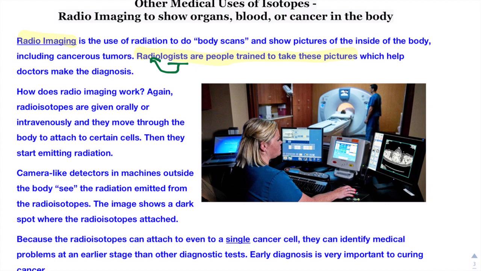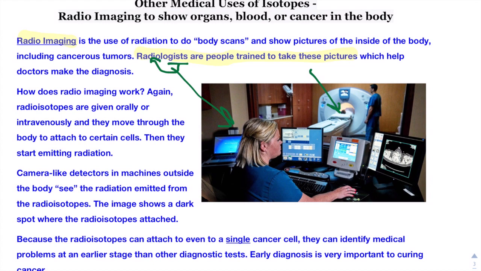We see a radiologist here in this picture. How does radio imaging work? Again, radioisotopes are given orally or intravenously, and they move through the body to attach to certain cells. Then they start emitting radiation. So there's a patient over here in the machine who was given the radioisotope previously.